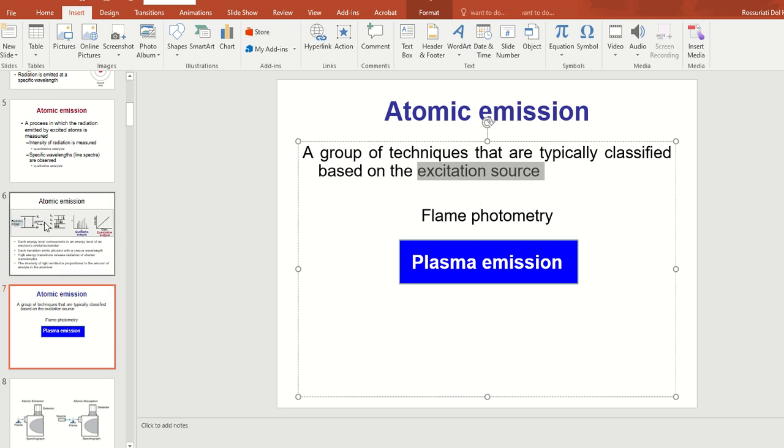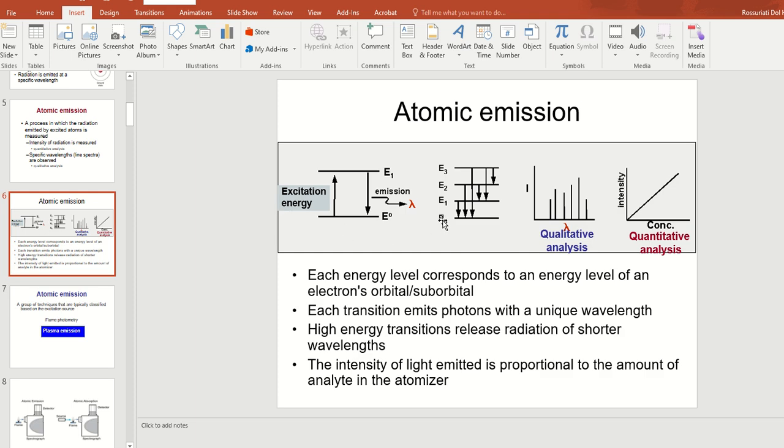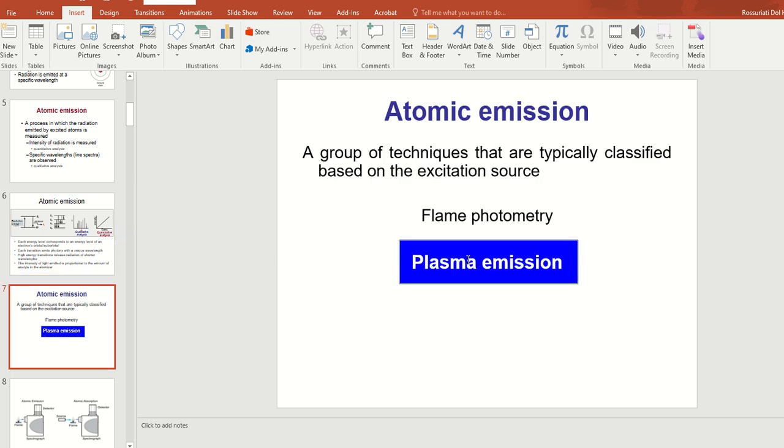That means from E0 to E1, E0 to E2, E0 to E3. It doesn't matter which, as long as the component responsible for causing the target element to be excited, that means to move from the electronic ground state to a higher electronic state, is the flame or plasma.